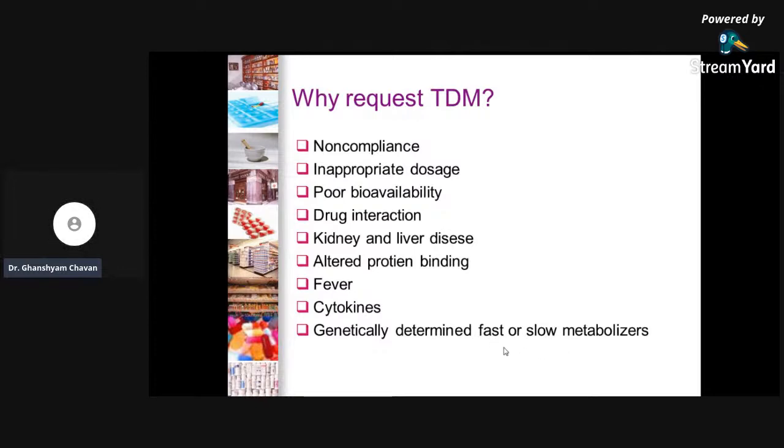Suppose one microsomal isoenzyme is available in some genetically similar people, due to which A drug will be metabolized. And suppose for B drug, whatever isoenzyme is responsible for its metabolism is not available in those typical genetic people, due to which that drug is not going to be metabolized.